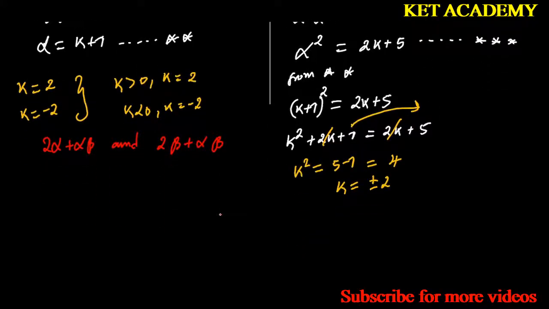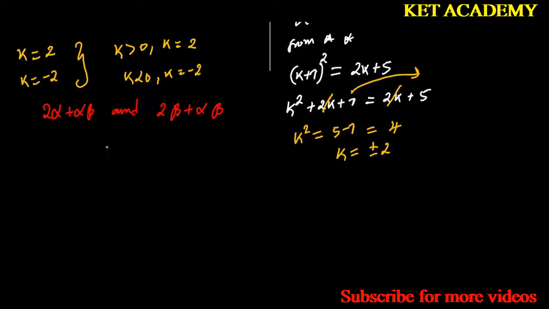Now we need to work with that, and it was strictly k greater than 0. So we take our k, which is 2, and substitute it in our original equation.